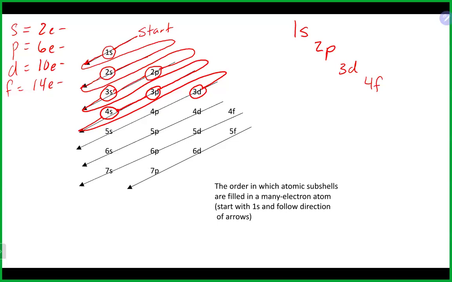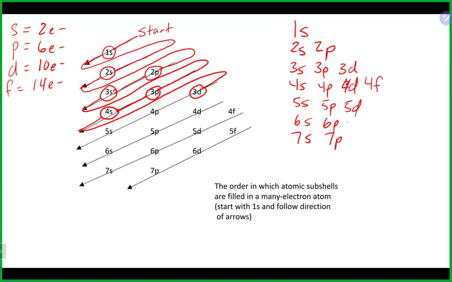simply have to do is underneath each of those numbers, just run them to 7, with the same letter down underneath. So this would be like 2s, 3s, 4s, 5s, 6s, 7s, 2p, 3p, 4p, 5p, 6p, 7p, 3d, 4d, 5d, 6d, and 5f.